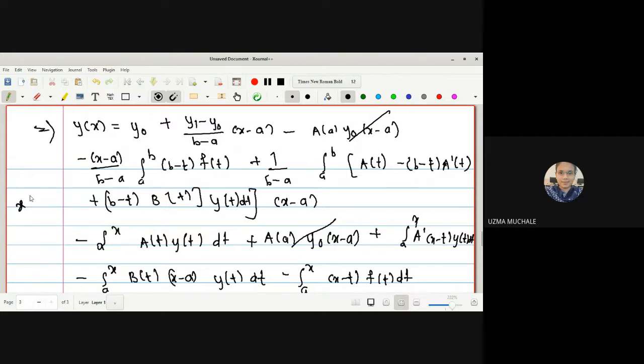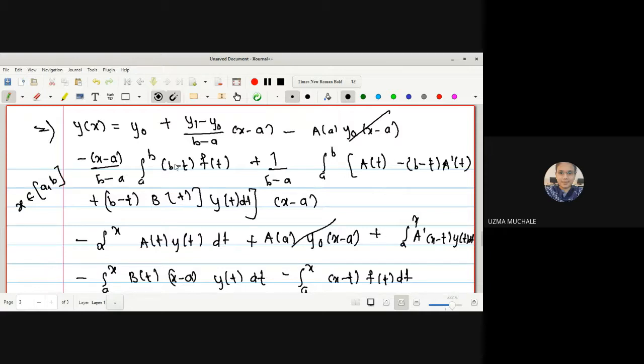As I told you initially, x is some point in the interval a to b, which means that the value of x can be a, or it can be b, or it can be any number in between a and b. If this is so, what we have to do is solve this equation in such a way that we can get the values of g of x, f of x, lambda and all.